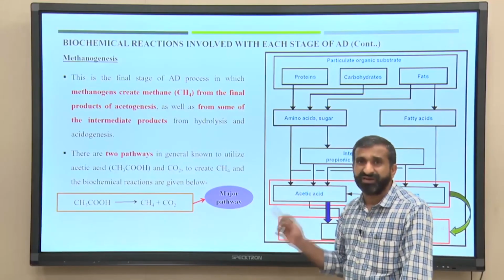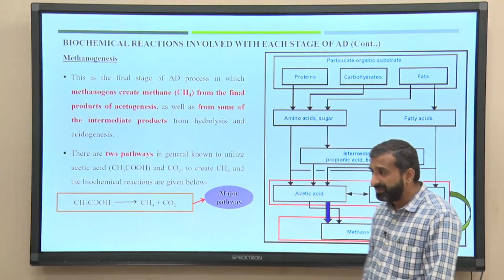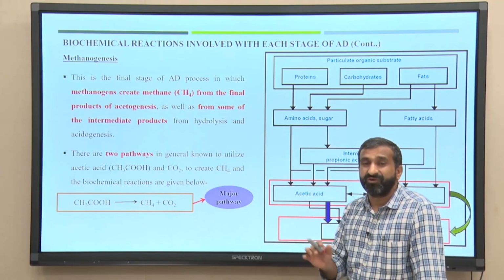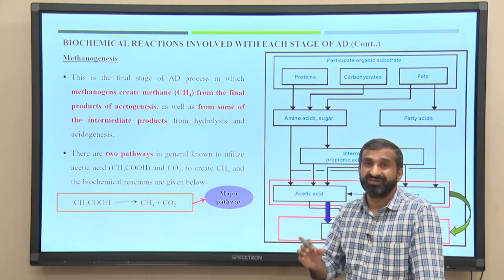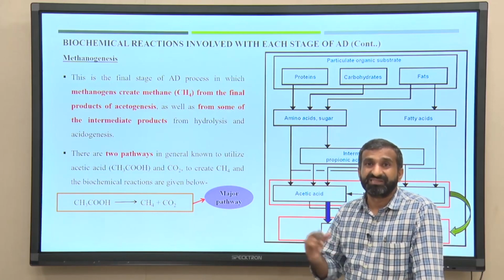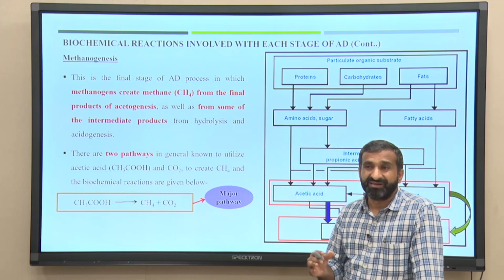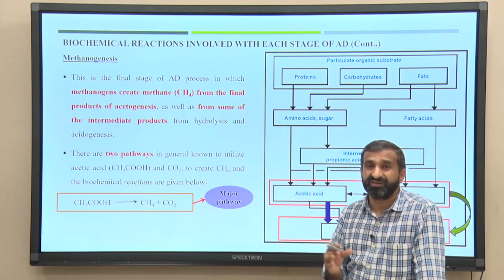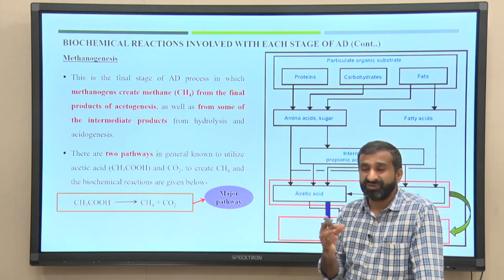but remember that this process is only possible at neutral pH, and again the problem is that the methane forming bacteria are not as strong as compared to the acid forming bacteria, and that is why the buffering capacity always needs to be discussed in the anaerobic digestion process.